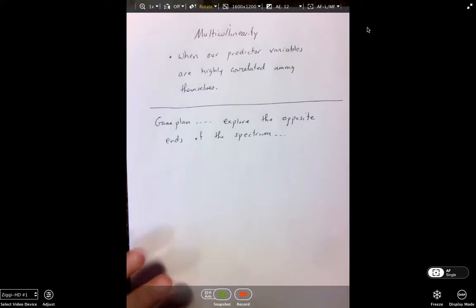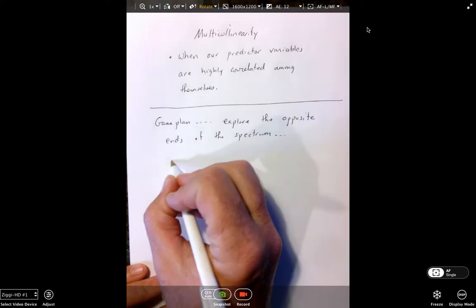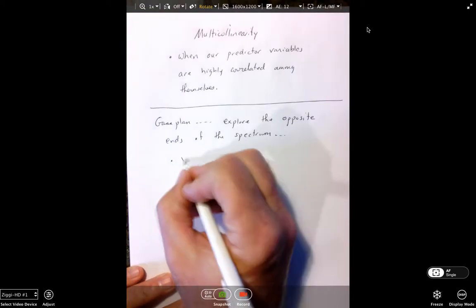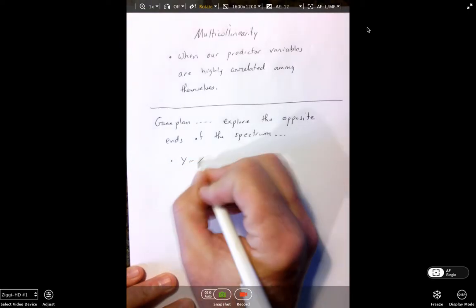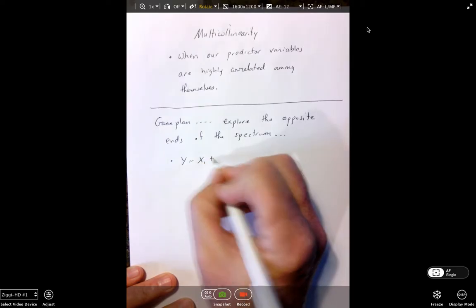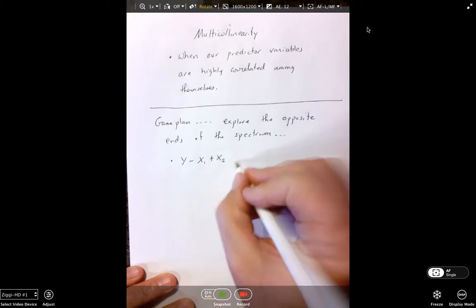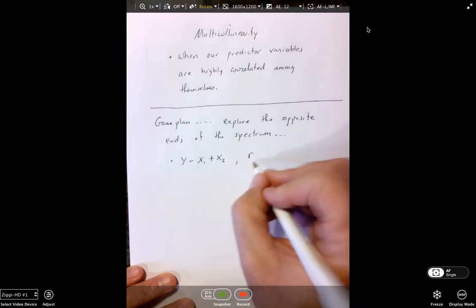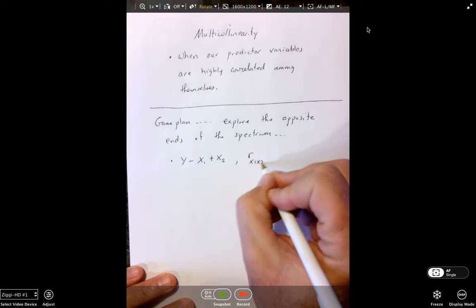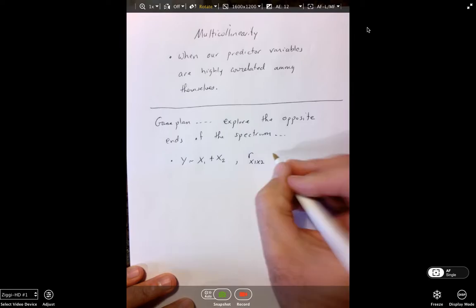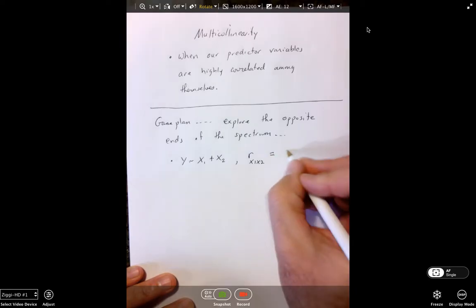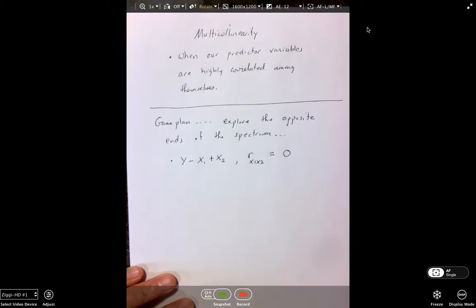So the very first thing I want to do is give you a situation where we're regressing y on x1 and x2, where the correlation between x1 and x2, which is equivalent to the correlation between x2 and x1, is 0. So in this situation, we have absence of multicollinearity.